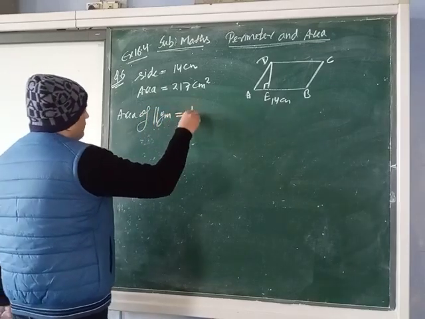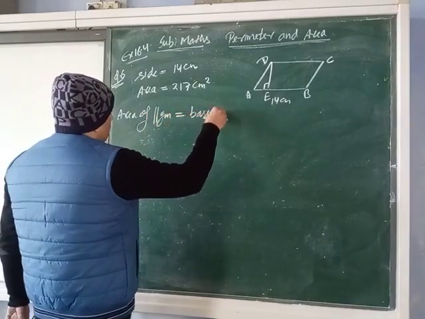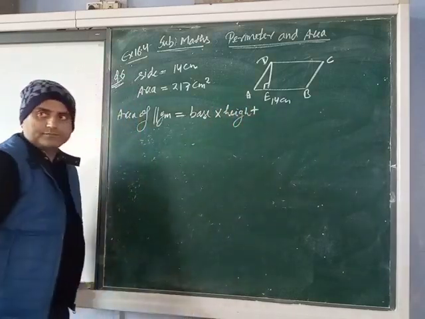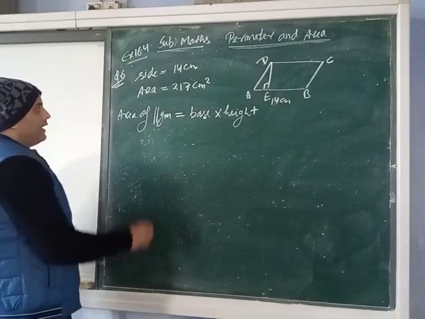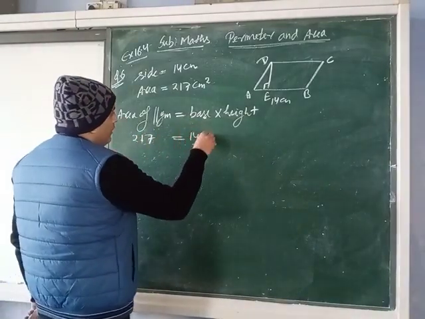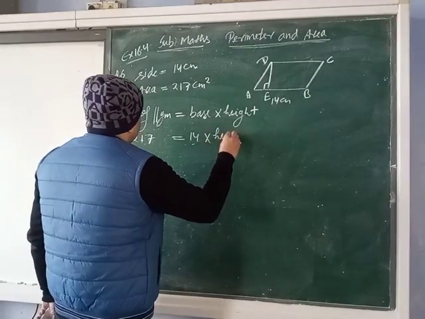Area of a parallelogram is base multiplied by height. The area is given as 217, the base is 14, and we have to find the height.